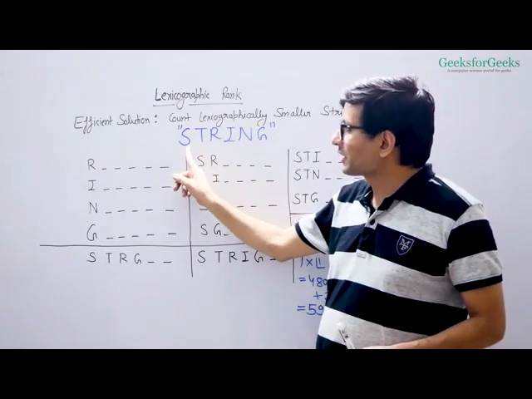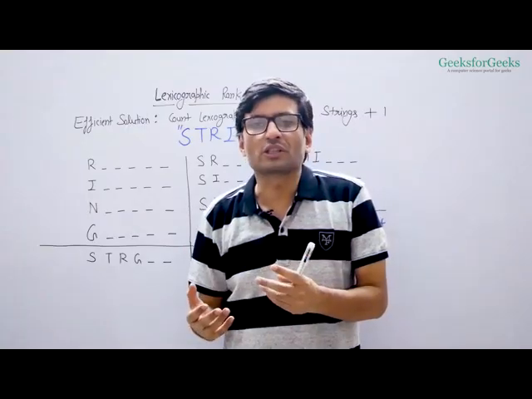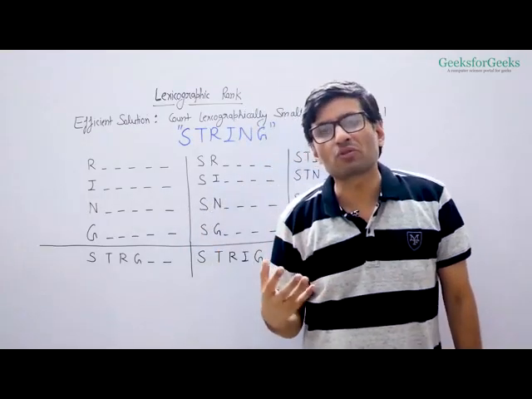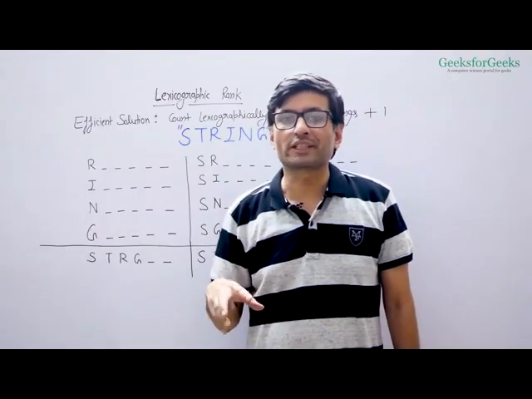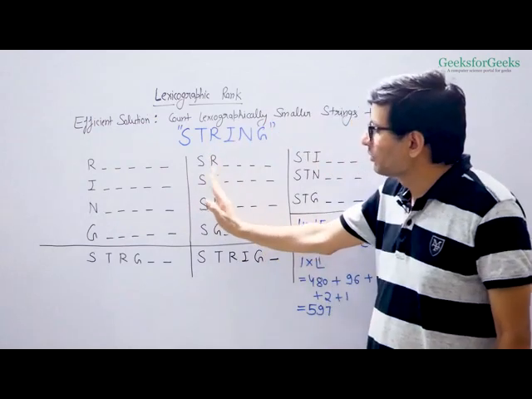So this is about the first character. Now we have counted all the lexicographically smaller strings that do not contain S as the first character. Let us now count all those lexicographically smaller strings that contain S as the first character. For that, we can't now move S.